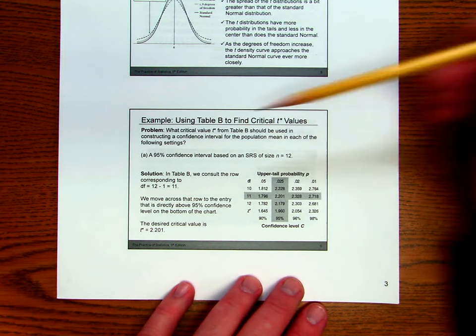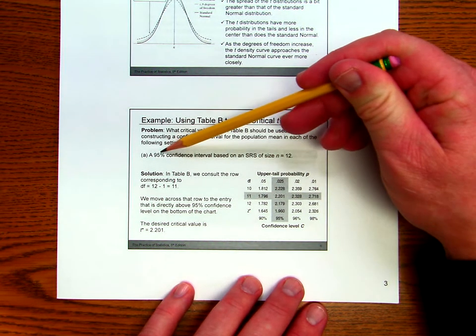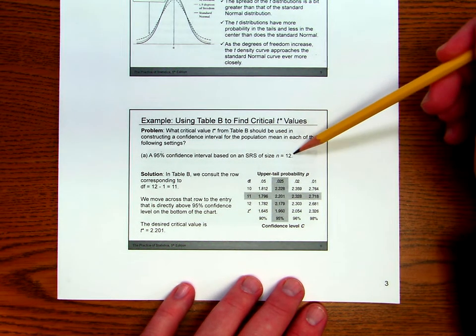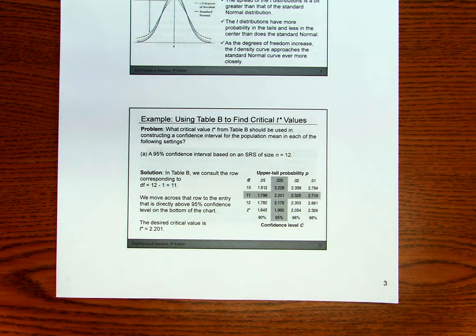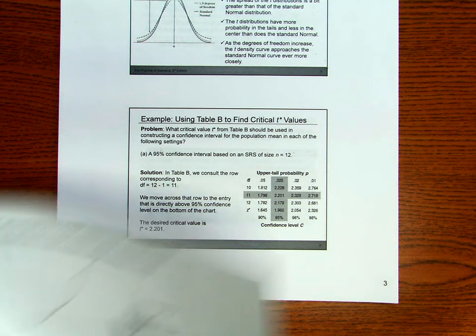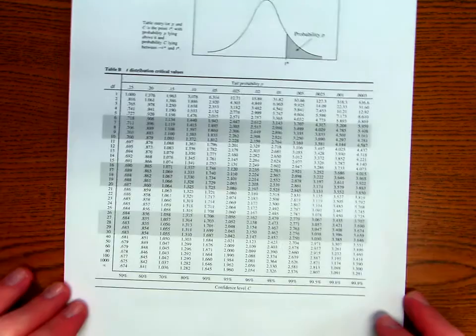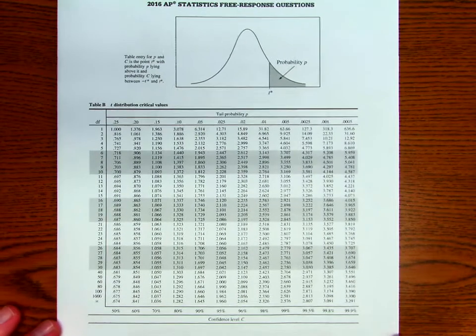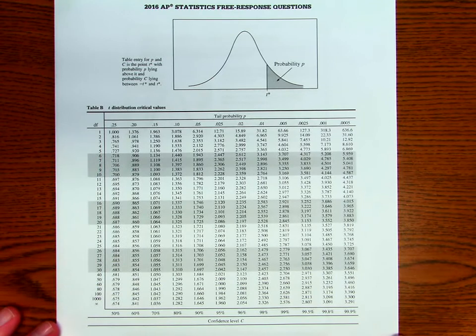So what if we want to construct a 95% confidence interval based on a sample size of 12? Now I'm going to use a full table, which I had in front of me here, rather than a snippet of it like this, so it's easier to see. This is your typical looking t-table that you would be provided for the AP exam.